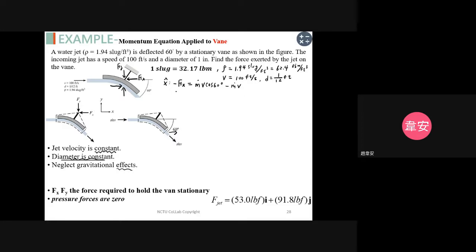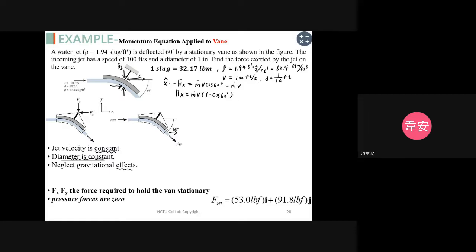Okay, so we organize the equation: Fx is equal to the mass rate times V1 times (1 minus cosine 60 degrees).